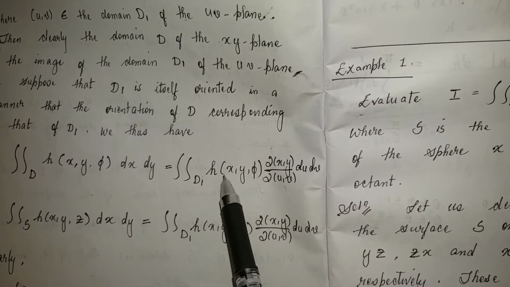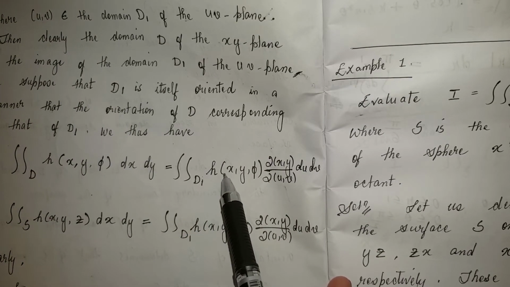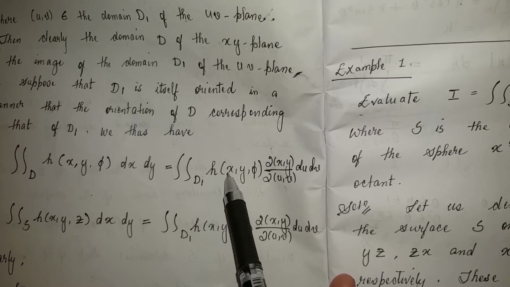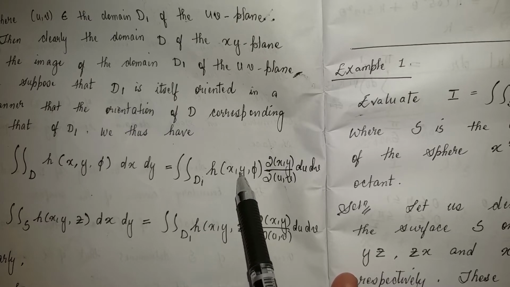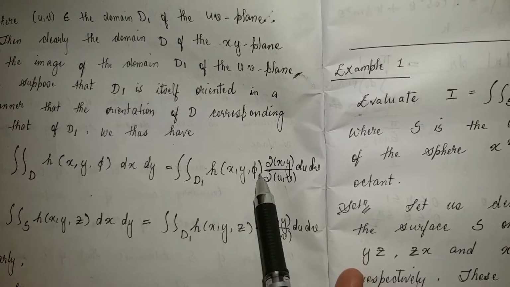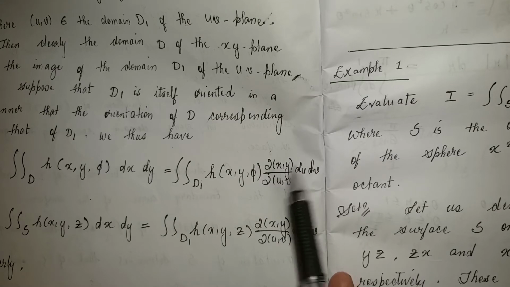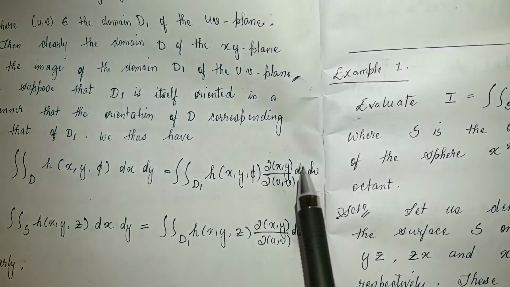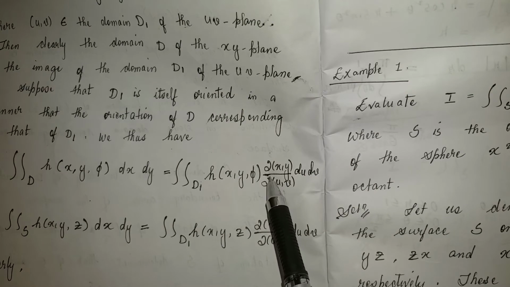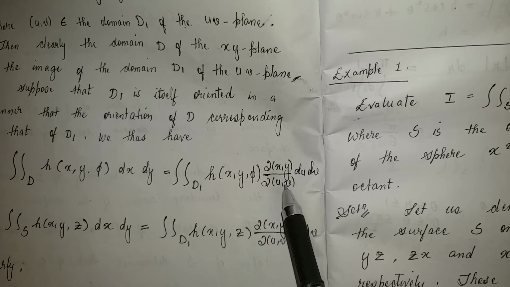Then the function h in the variables x, y, and phi, and then we have to find the Jacobian, del of (x, y) over del of (u, v).